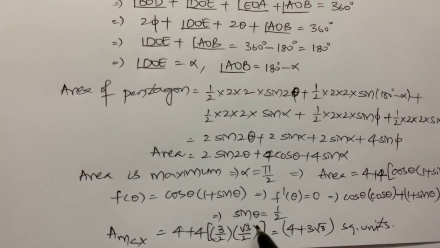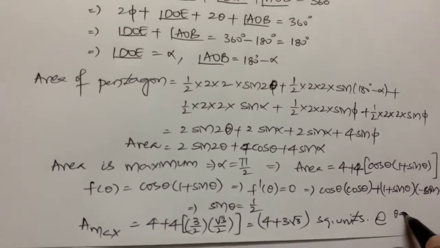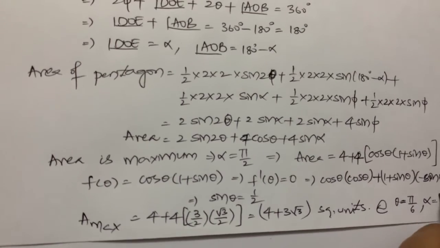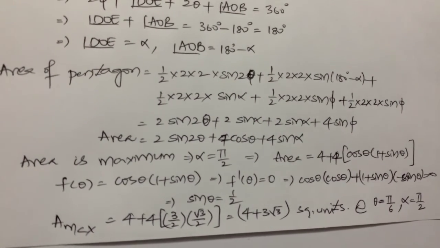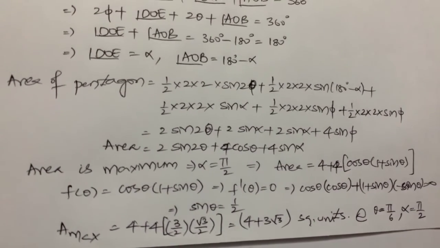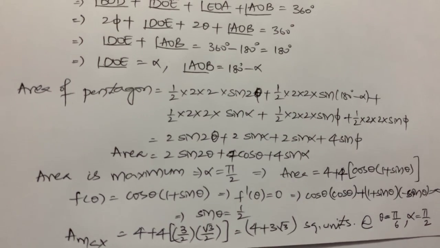So the area is maximum when theta is equal to pi by 6 and alpha is equal to pi by 2. With phi equal to pi by 3, we have the maximum area of the pentagon.